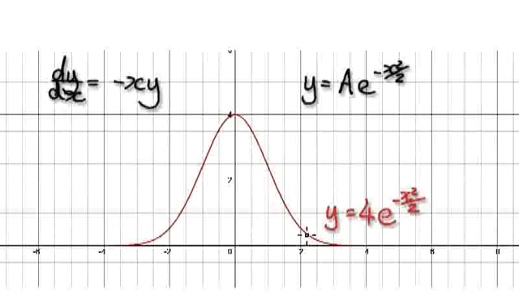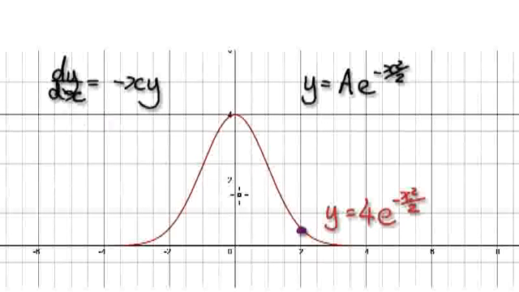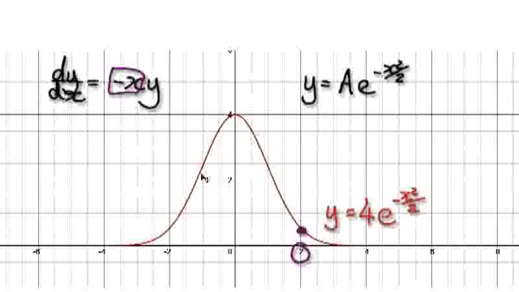Suppose this point here is 2, comma 0.5. If you look at this point, the gradient here will be negative 2 times 0.5. That's one way of interpreting what's going on.